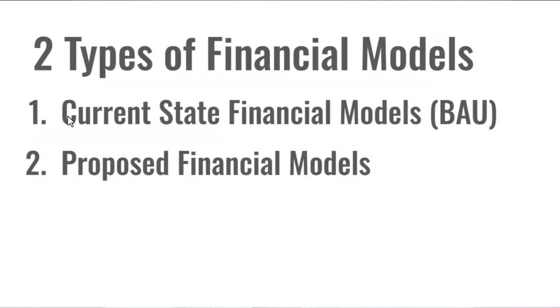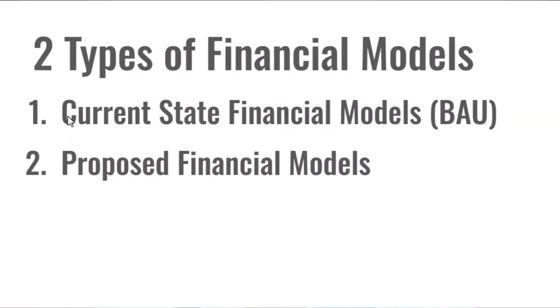So that's really good. There are two types of financial models that you really need to be able to understand and help build. One is the current state financial model, also known as a business as usual or BAU model. That is what is currently in place, or what is most likely to happen over the next 3 to 5 years, annually in 1-year chunks.